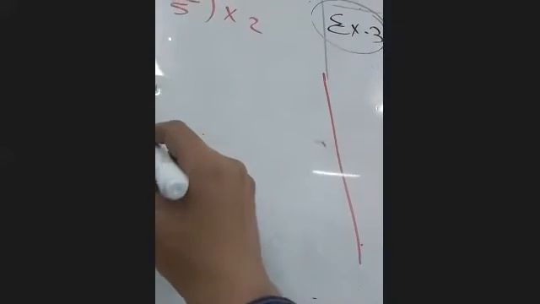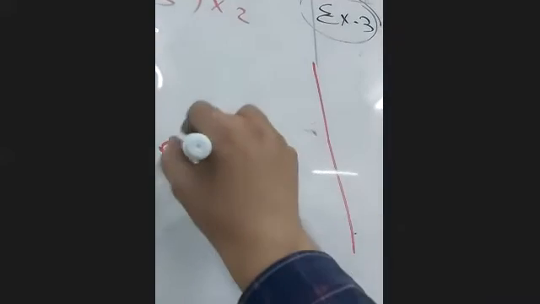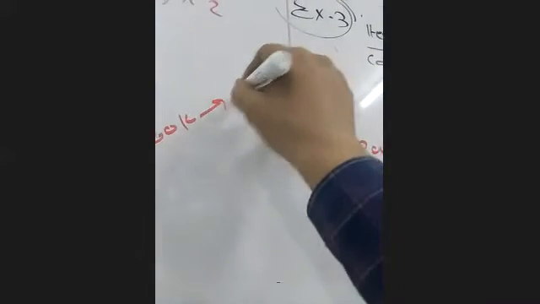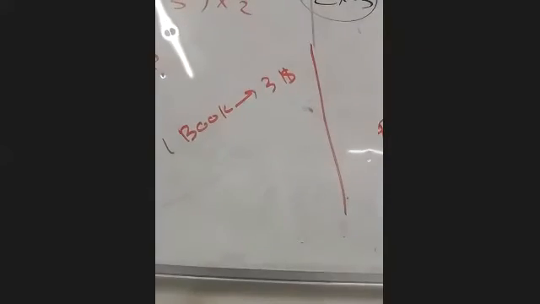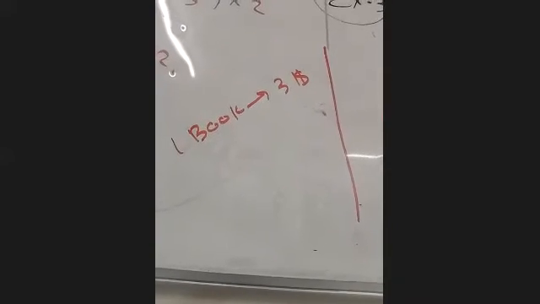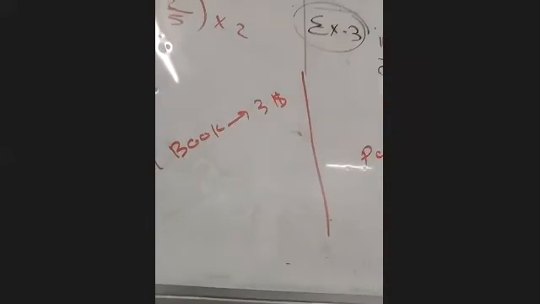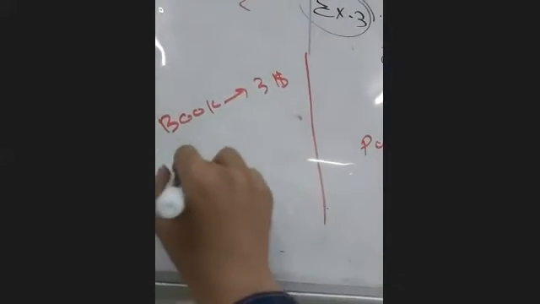Look here. See the board? If one book costs $3.25, sorry, it's $3. One book costs $3. What is the cost of 4 books?